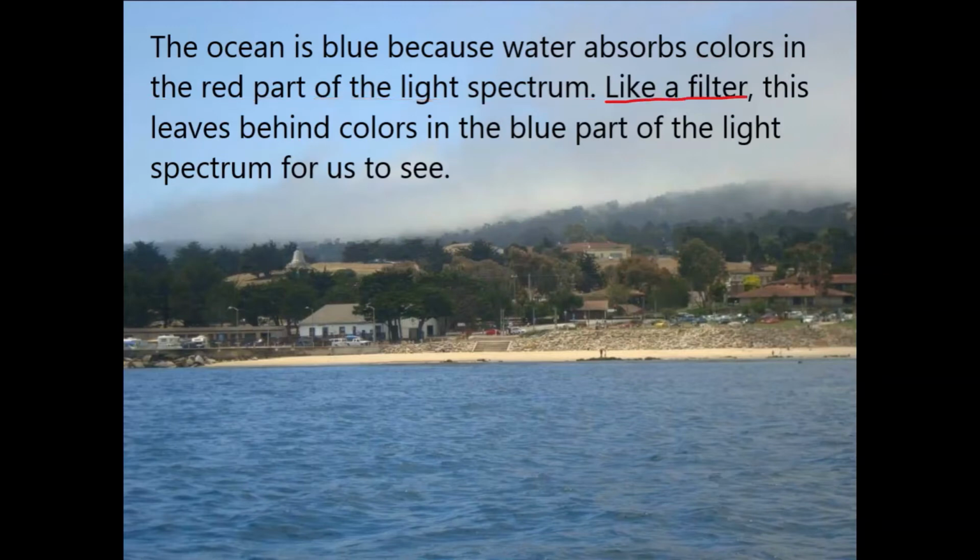Like a filter, this leaves behind colors in the blue part of the light spectrum for us to see. So this is just the introduction to why the ocean is blue. Okay, and if there's anything here that's making you say, huh, what? Do not worry. I will discuss it again later in the video. Let's read the next part now.